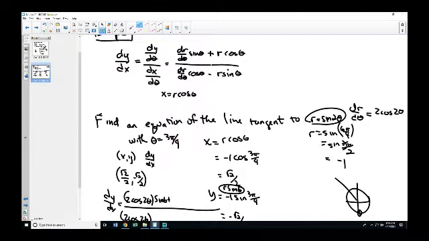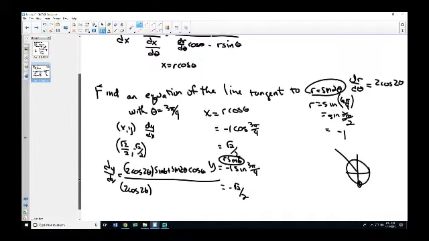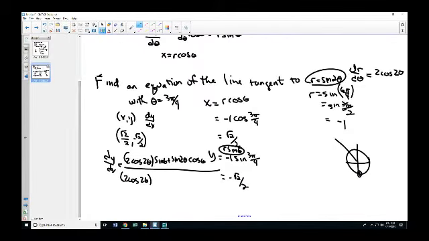R is sine 2 theta. And then we have cosine. Alright, so there's your derivative for dy/dx.